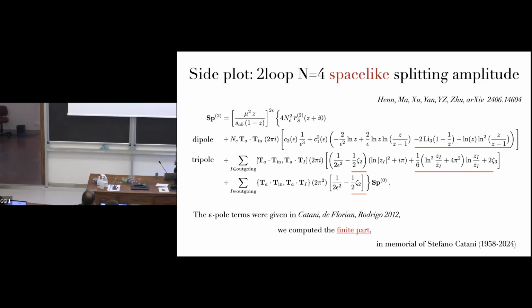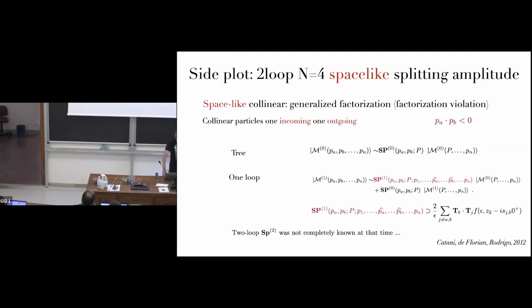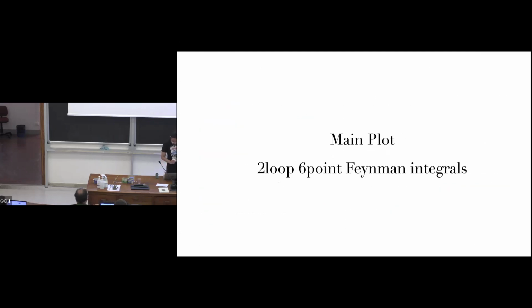Also, we are working with the Edinburgh group, with Ilan Gadi's group, to try to determine how we get this very complicated dependence from the regional analysis of Feynman integrals. So this is my side plot. The main idea is I try to persuade you that this analytic computation of Feynman integrals is important and useful. And then there's the main plot, 2 loop 6-point Feynman integrals.